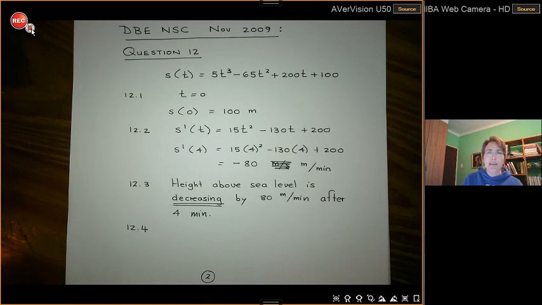So hopefully you guys are understanding why we now have to go and not set the first derivative equal to 0. We have to actually go and set the second derivative equal to 0 to know where the derivative is at a minimum. So very, very important concept. Where the original function is at a minimum is where the first derivative is equal to 0. But where the rate of change is at a minimum is actually where the second derivative is equal to 0. So it's all about the language here.